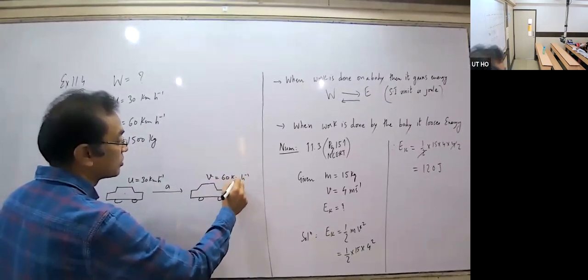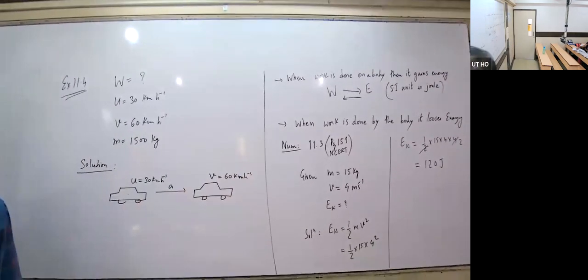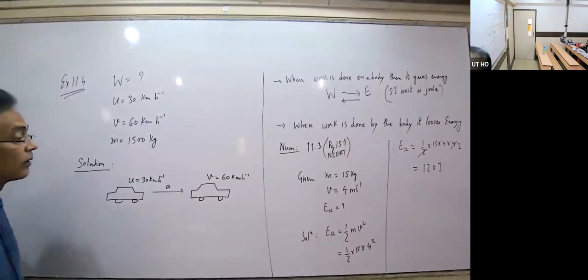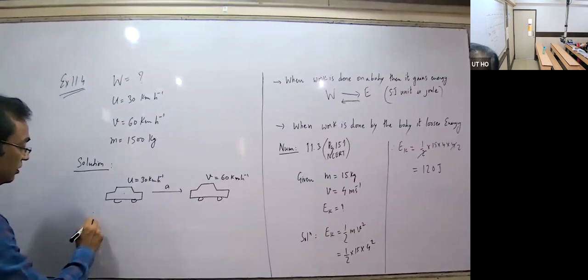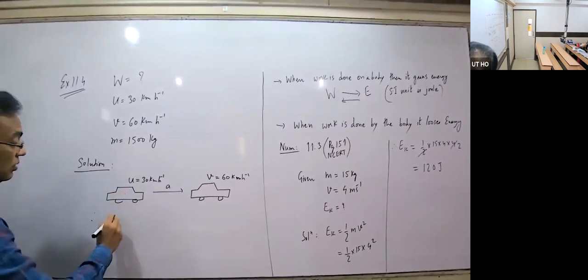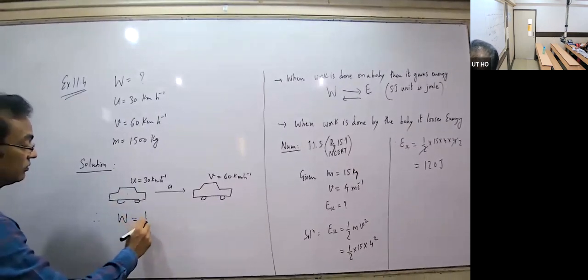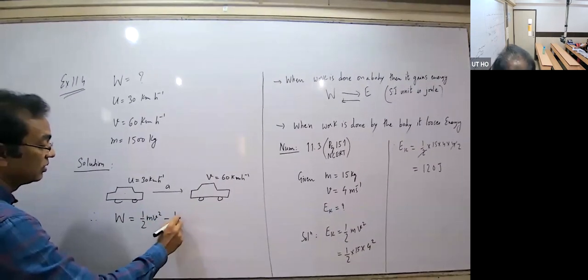That means force is acting on the car, or acceleration is acting on it. So some force must have worked on it. Right? So what is the formula? Whatever is the work done, it will be equal to the difference in the kinetic energies. This is what we learned, right?